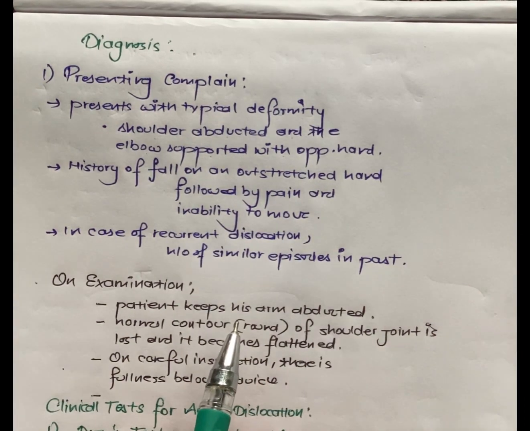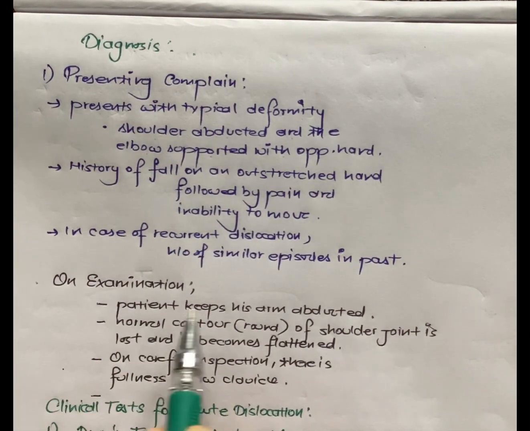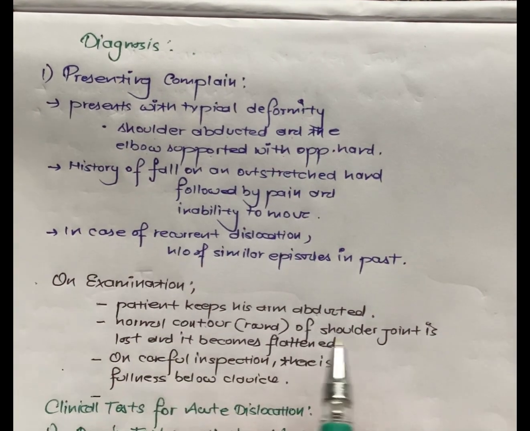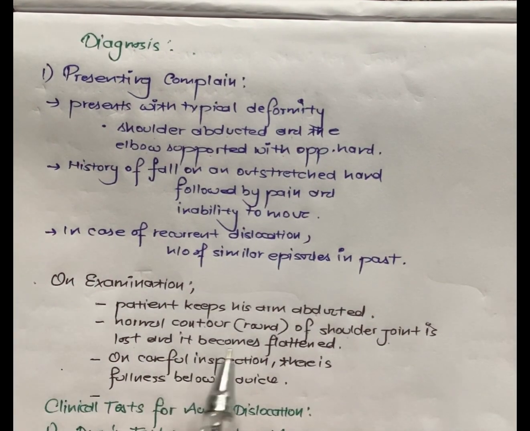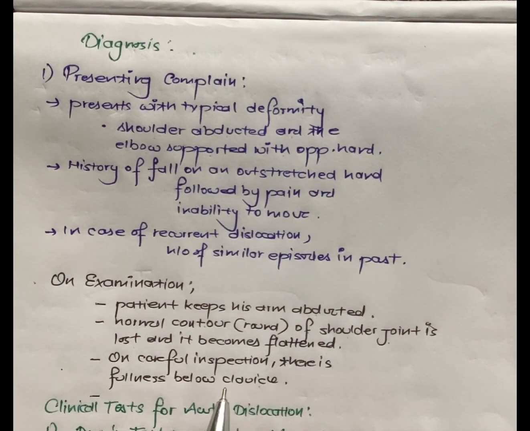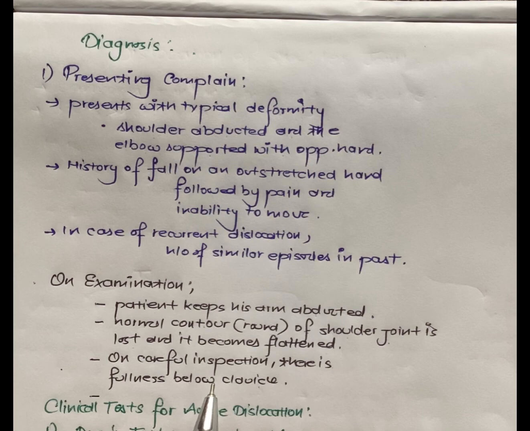And talking about the examination, the patient keeps his arm abducted. And the normal contour of shoulder joint is lost and it becomes flattened. And on careful inspection, there is fullness below clavicle. Now let's see in this picture.